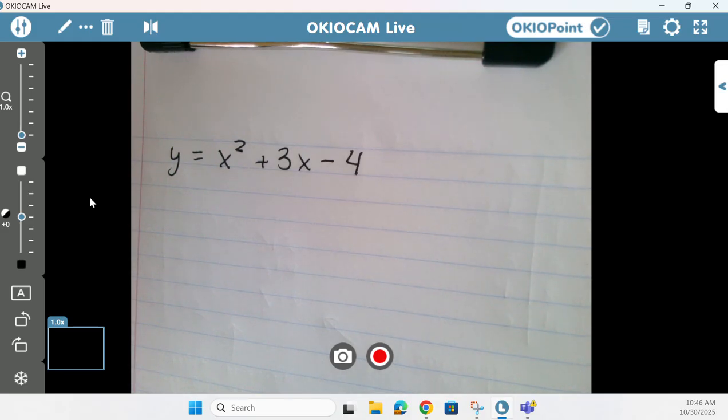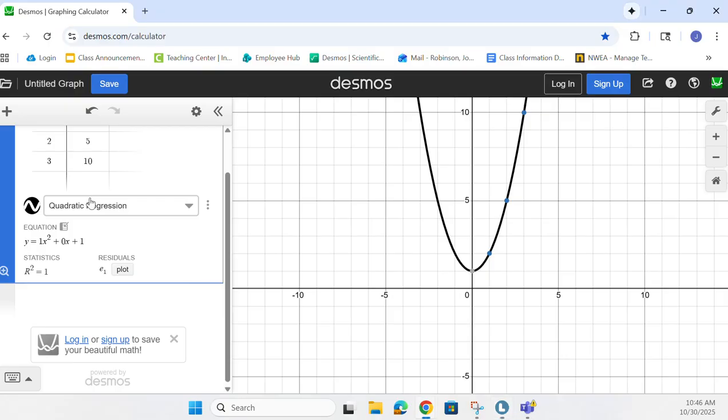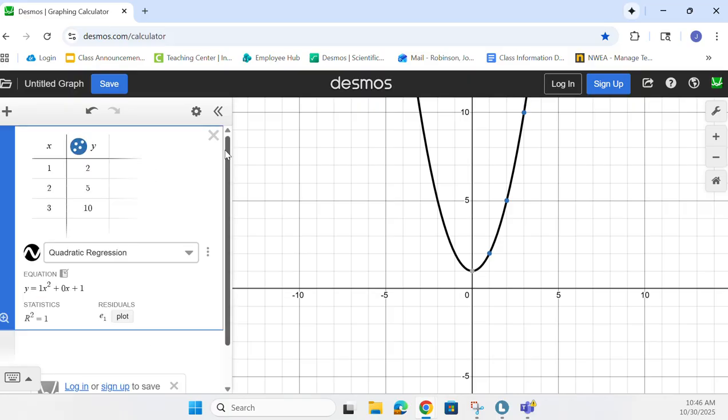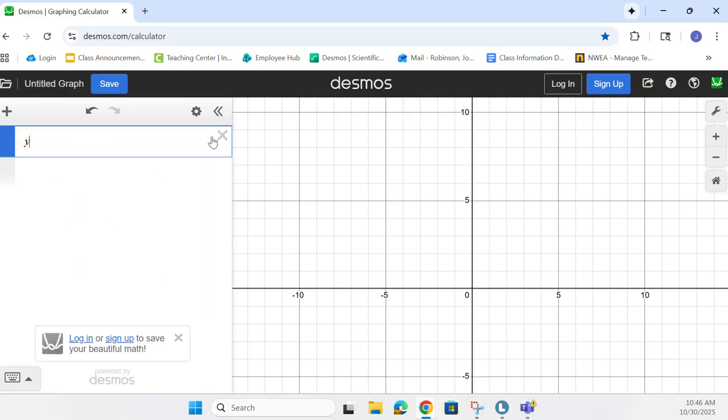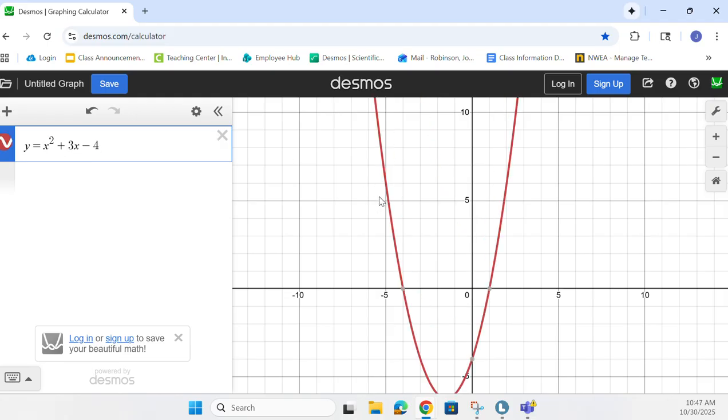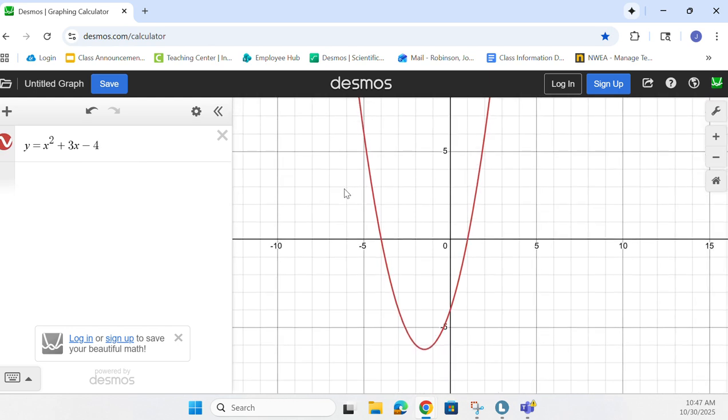We're going to go into Desmos and we're going to type this in as it is written. Y equals x squared plus 3x minus 4.